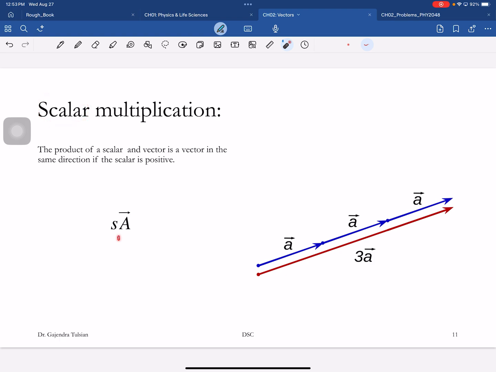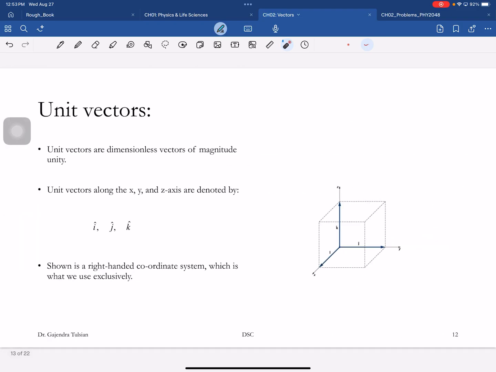Here's the vector, here's the scalar. 3A is just a vector 3 times as long. Now we're going to build the tools for learning how to multiply vectors.